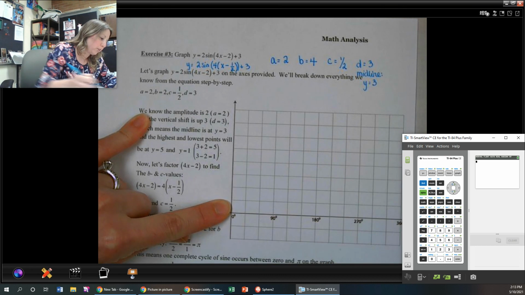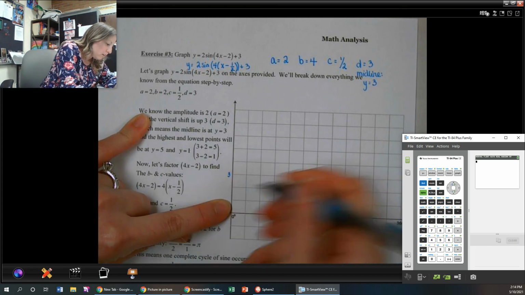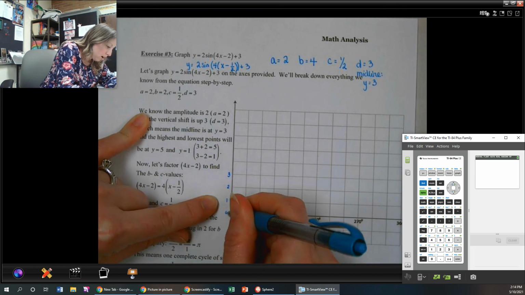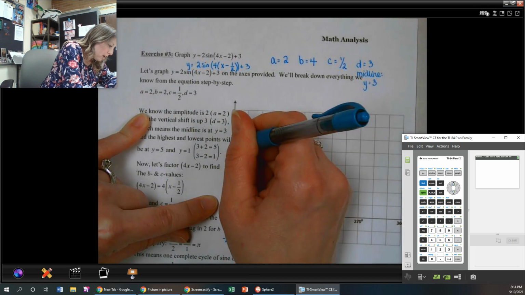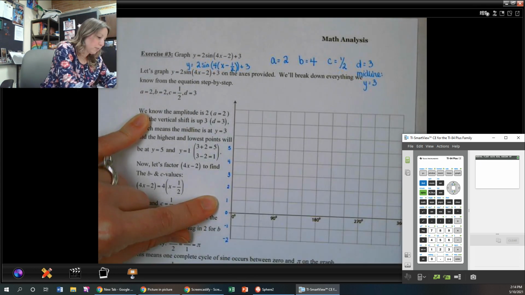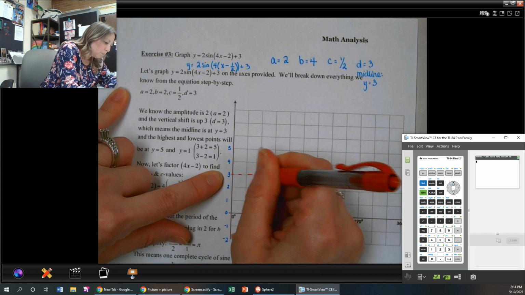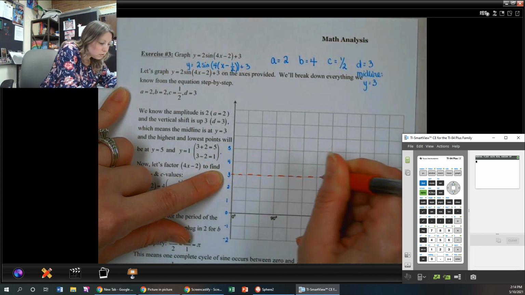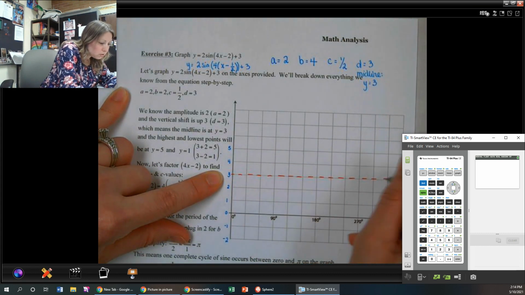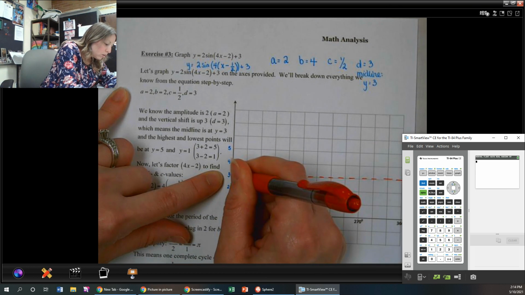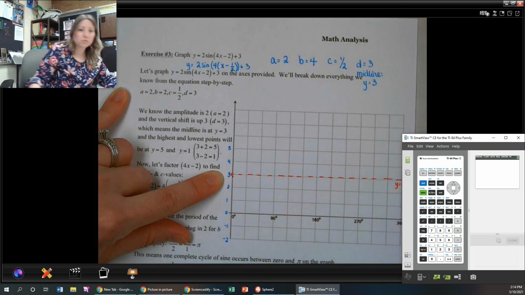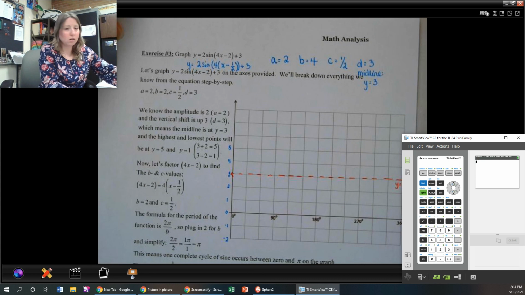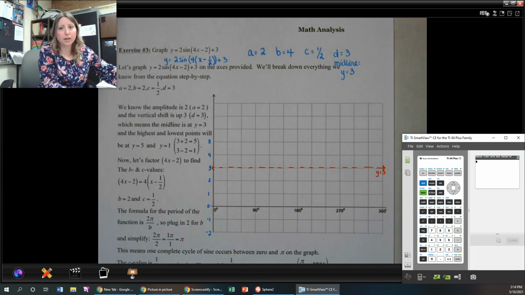We'll go up 3 here, and 4, 5, just to get a couple numbers on here. But this is our midline. Y equals 3.